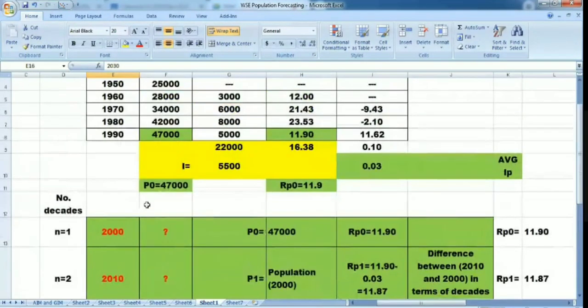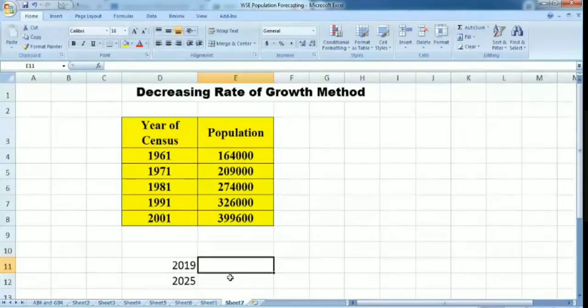We never discussed this particular n value, the number of decades, in terms of 2.2, 2.3. Those things have not been dealt with. So in this class, I would like to cover that point because it is not given in your textbook as well.